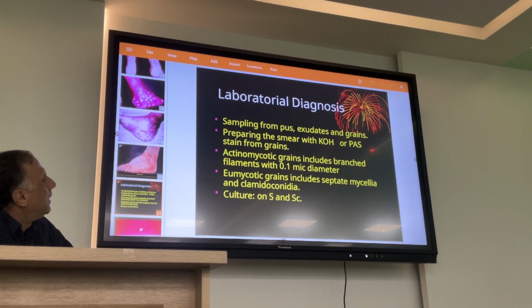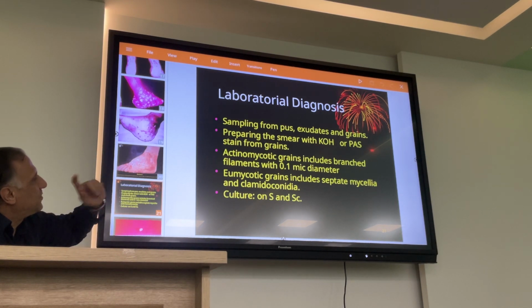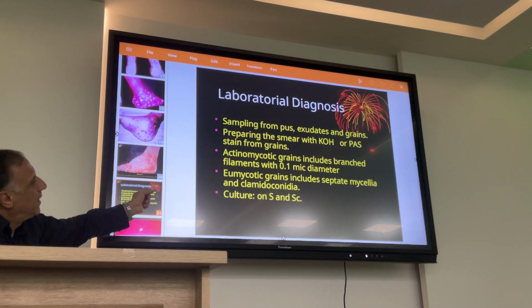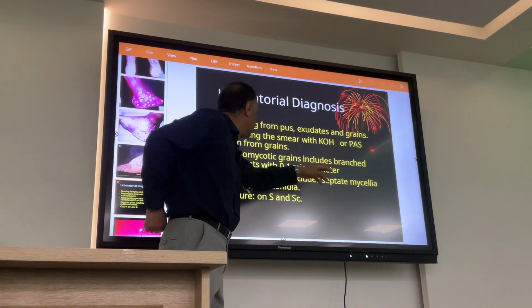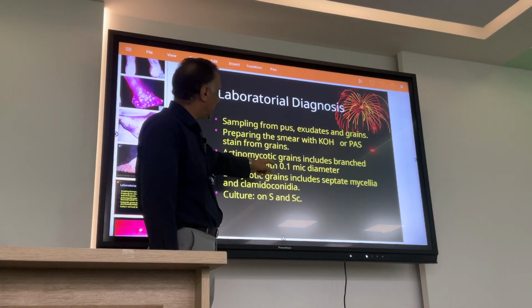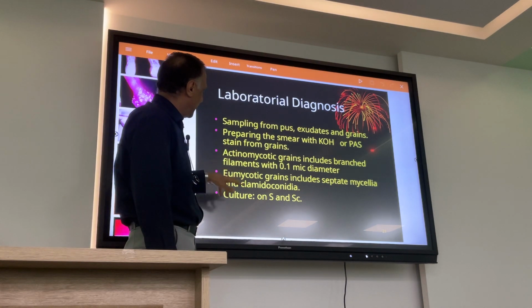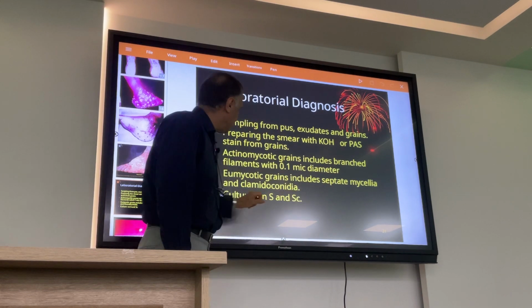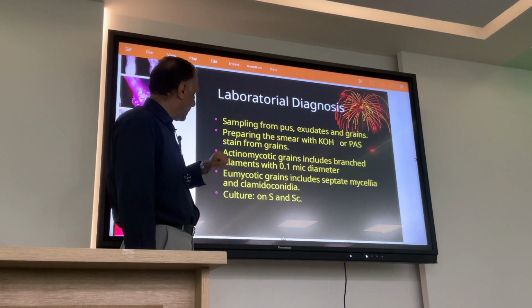We must prepare the smear and check it with the microscope, or stain the exudate for detection of branching filaments about 1 micron in diameter for actinomycotic. And in eumycotic, septate mycelium and chlamydoconidia for detecting eumycotic.